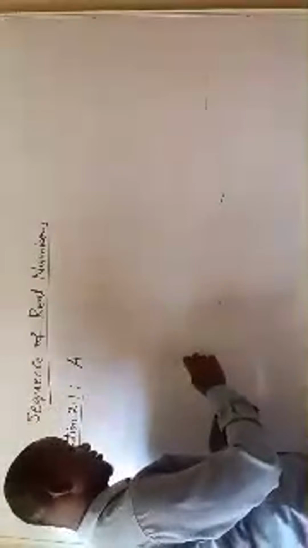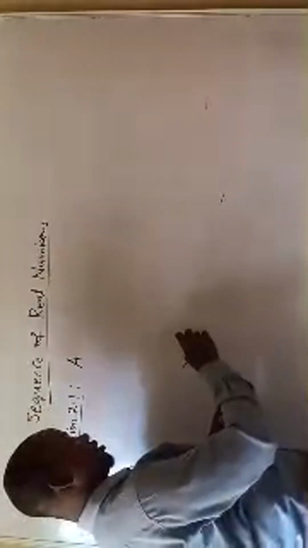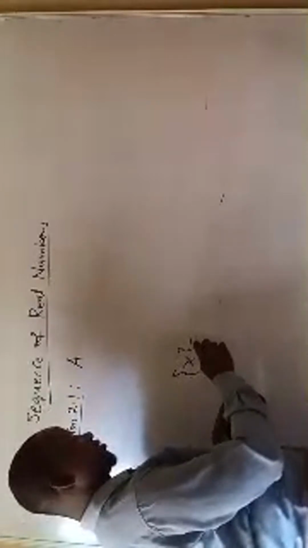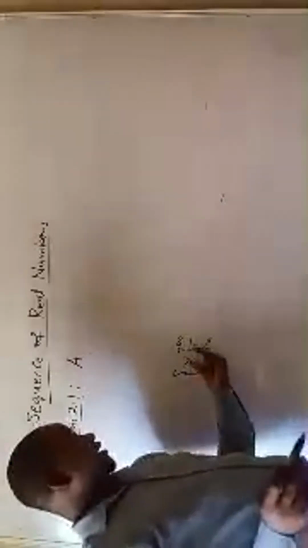Like I said earlier, for any sequence, we're using x of n, and such a sequence will be represented using the curly brackets.